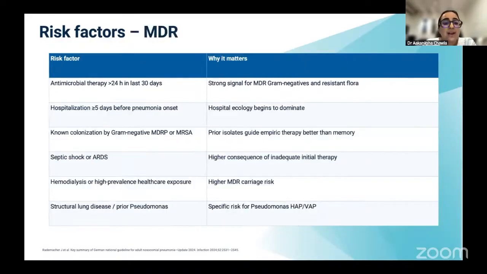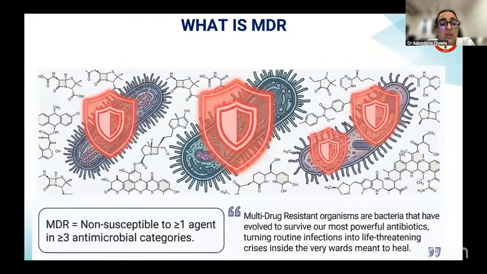So when we look at risk factors for MDR infections, which are again very prevalent and common in our Indian ICUs, what is an MDR infection? When the microorganism is not susceptible to at least one agent in three antimicrobial categories. What is an XDR? When the microorganism is not susceptible to most of the antibiotics, but maybe one or two antibiotics in one or two antibiotic classes.